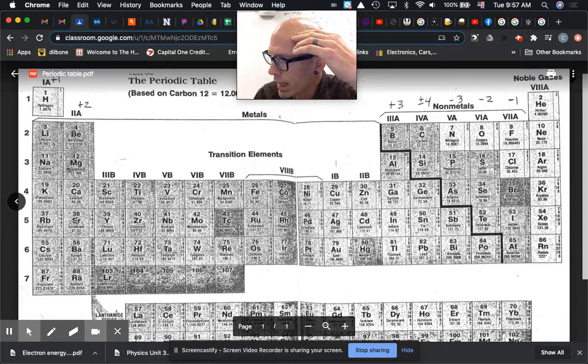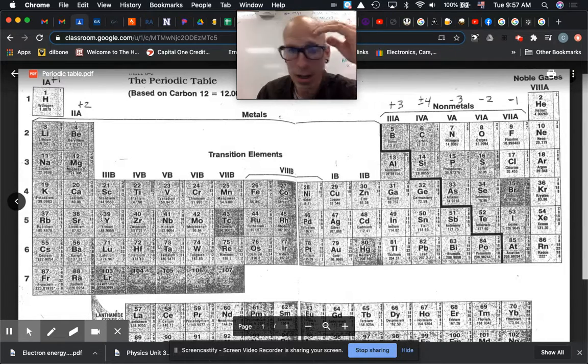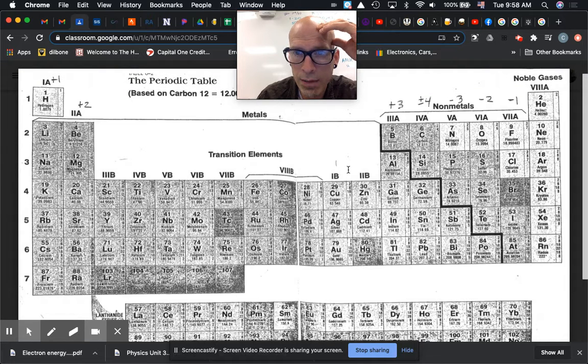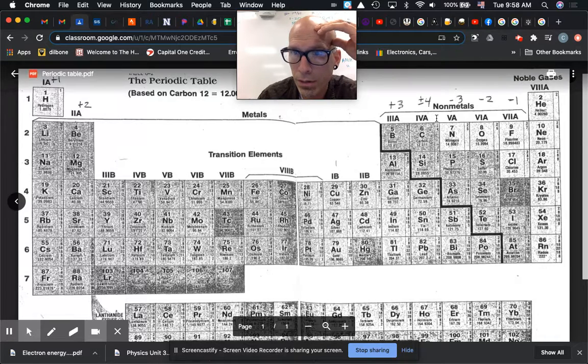Then we look over at group 16, period 1. So we look over to group 16: 1, 2, 3, 4, 5, 6, 7, 8, 9, 10, 11, 12, 13, 14, 15, 16. So group 16, period 1. 16 is all the way over here at oxygen, and period 1 is the top row.